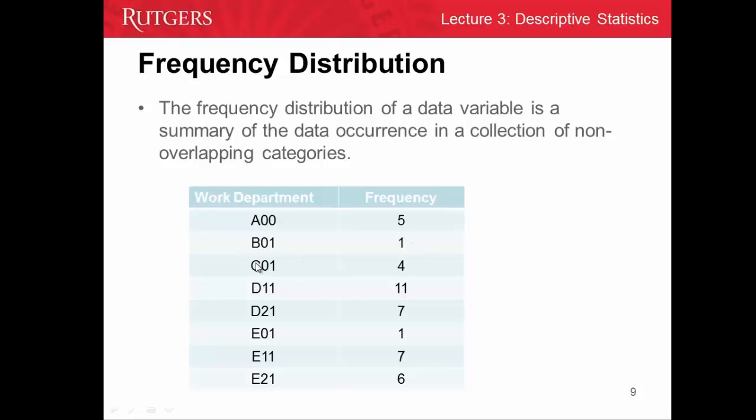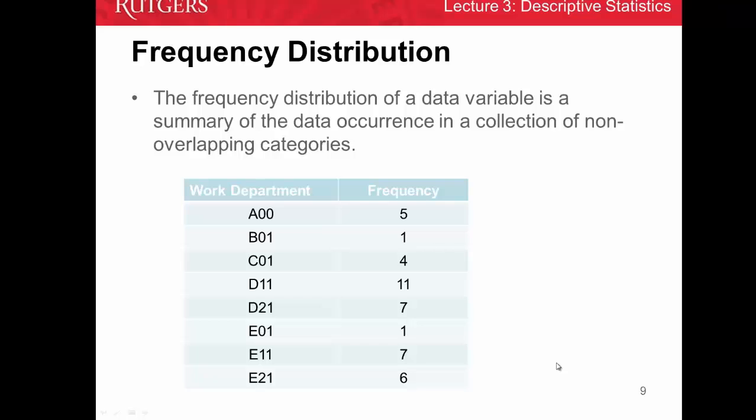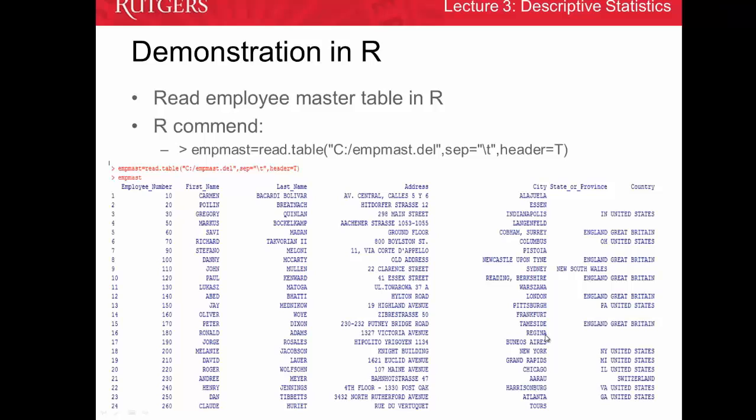And for work department C01, there are 4 employees, etc., etc. Okay, now I'm going to show you how to do this frequency distribution analysis using R. Because in this course, I also want to show you how to use this software. So I'm going to demonstrate a whole process of doing this analysis, which starts from the import of the data.